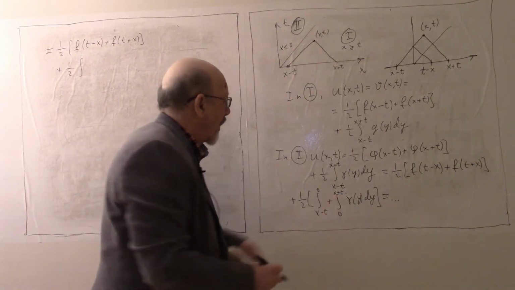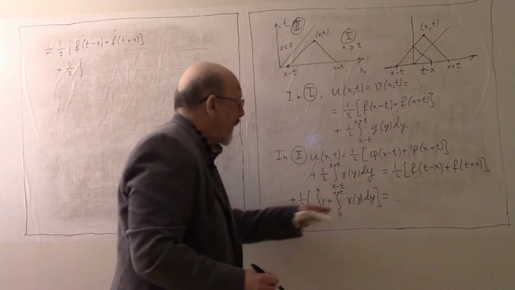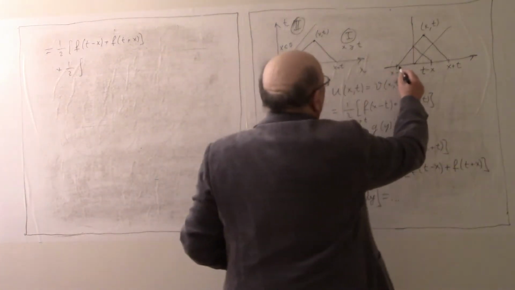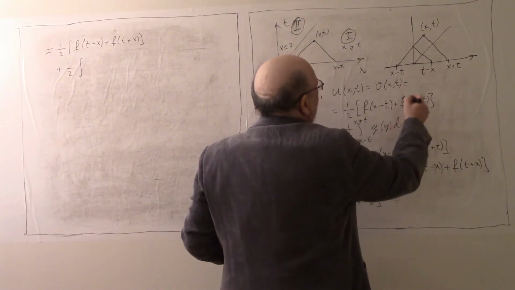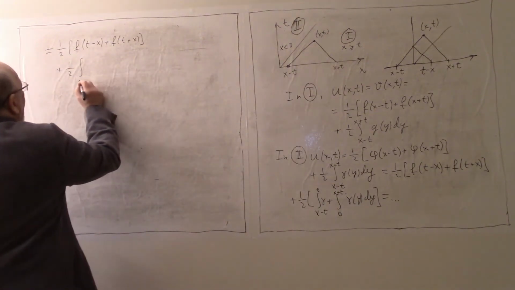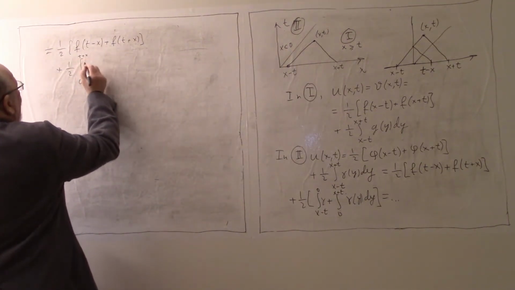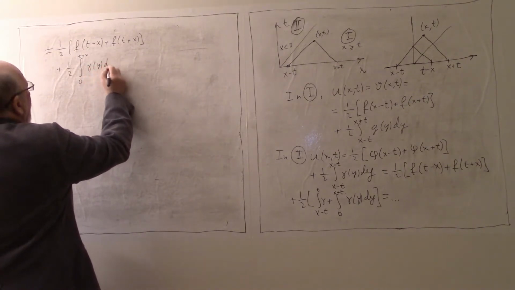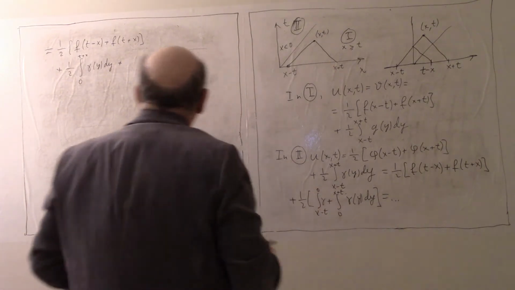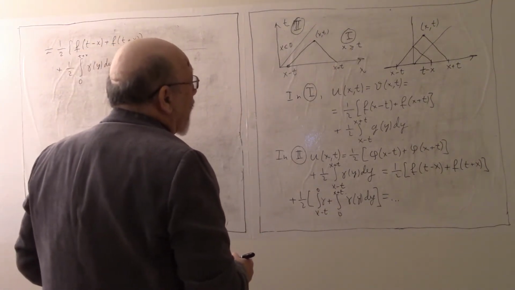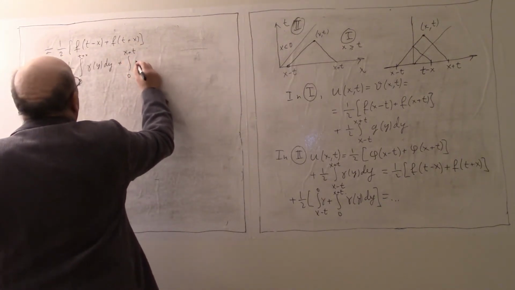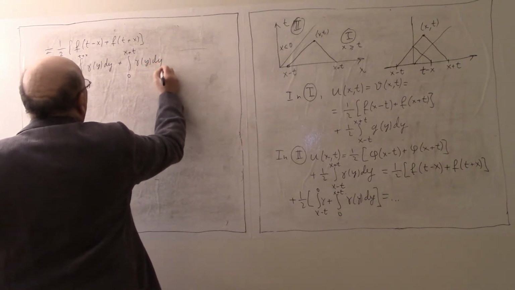But the function gamma is even, so we can replace the integral from x minus t to 0 with the integral from 0 to t minus x, of gamma of y dy, plus the second integral from 0 to x plus t of gamma of y dy.